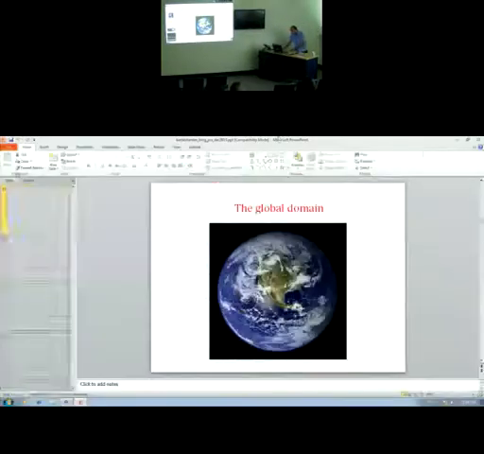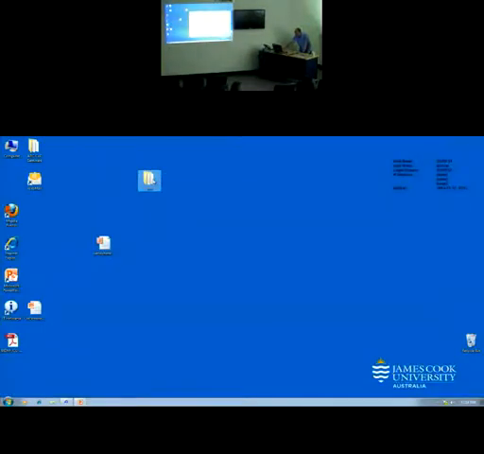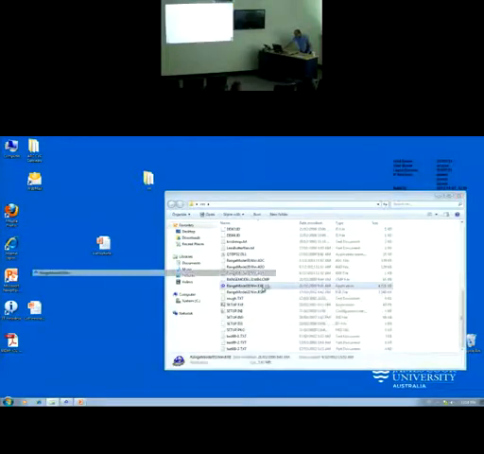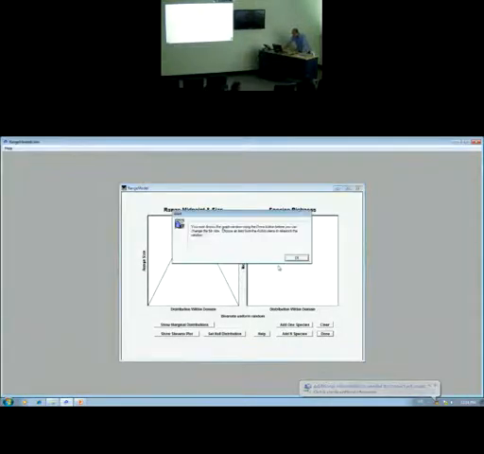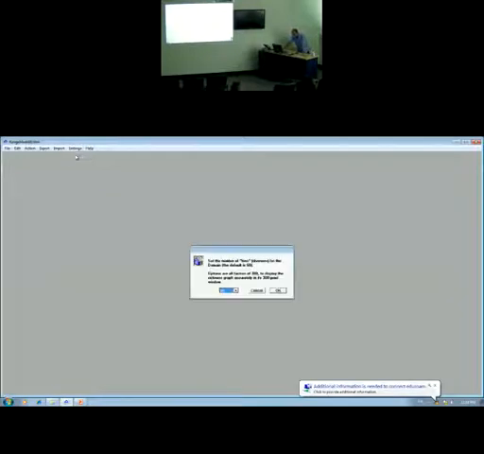I'm not sure if you've seen this, but Robert Colwell had this little program where you could set up bin size and play with this model of his.